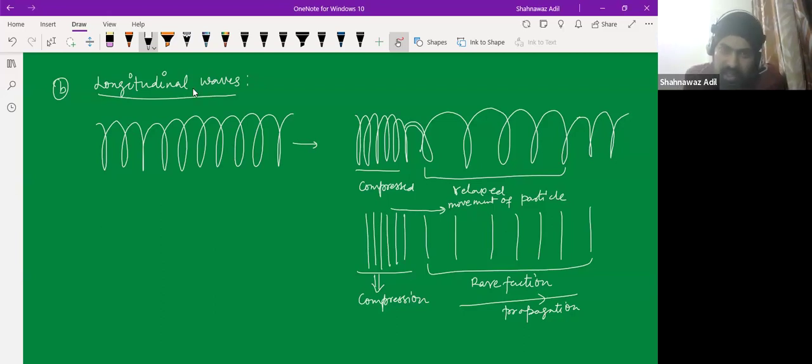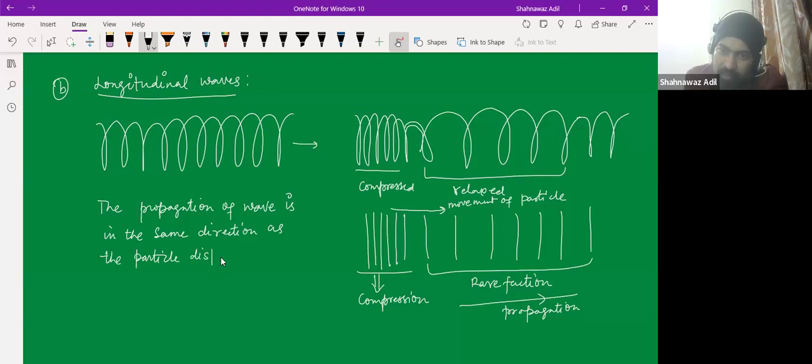So in this kind of motion, the propagation of wave is in the same direction as the particle displacement, right?